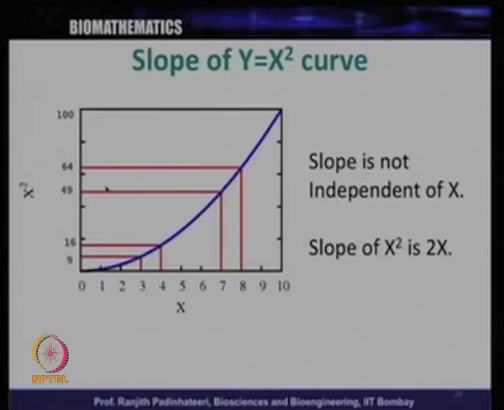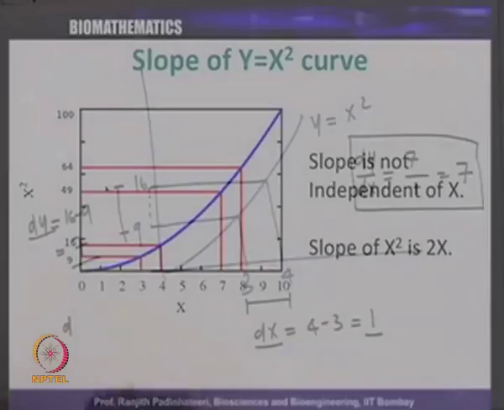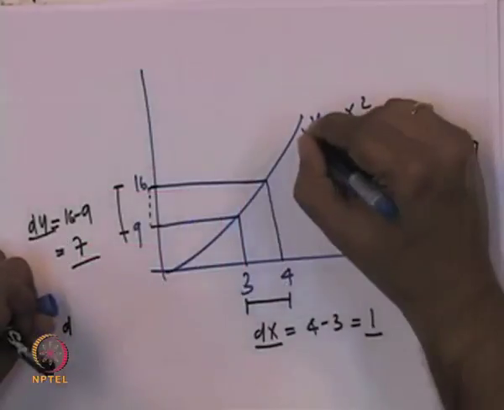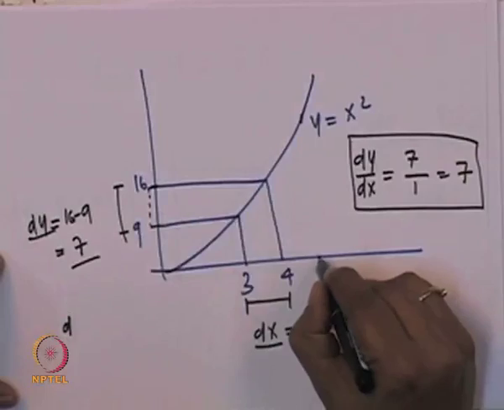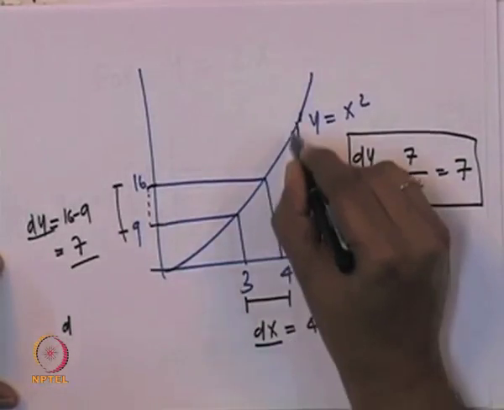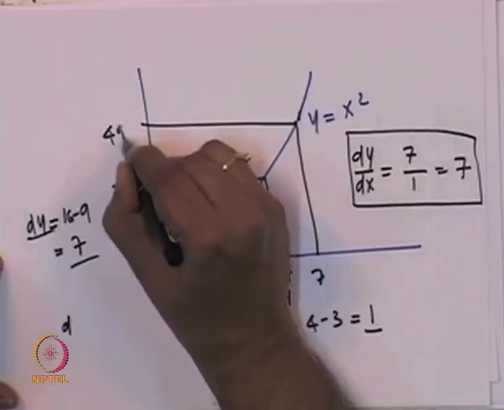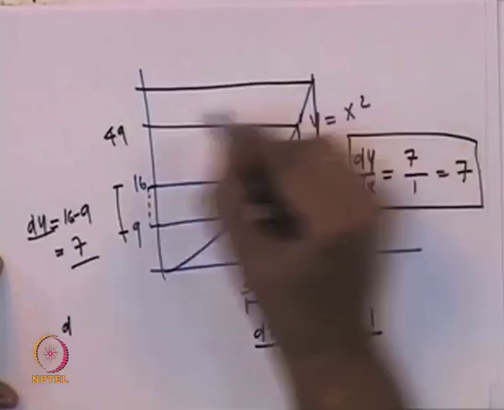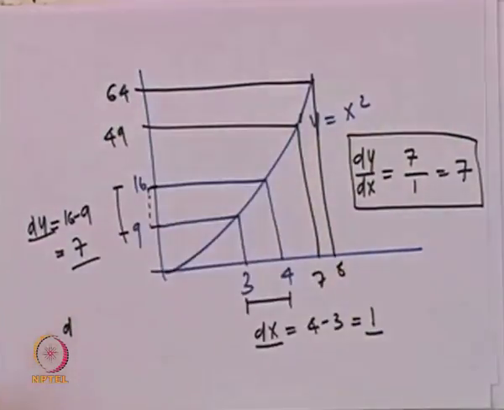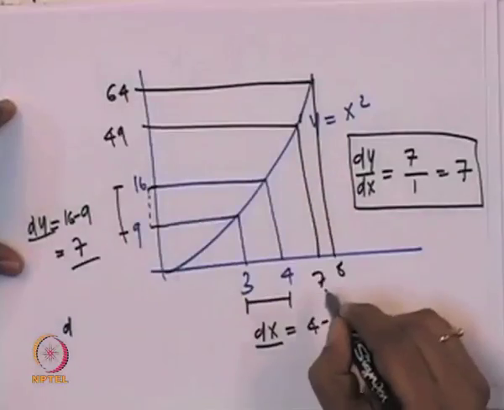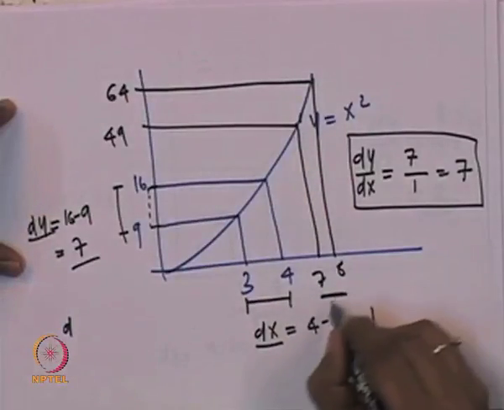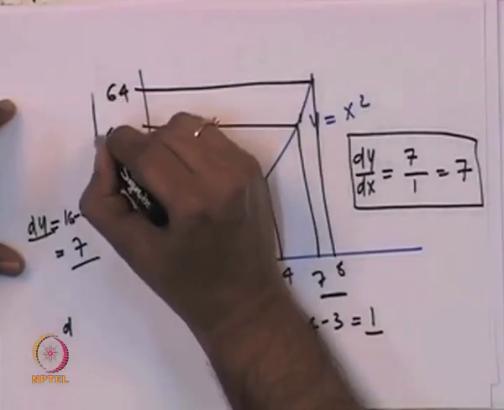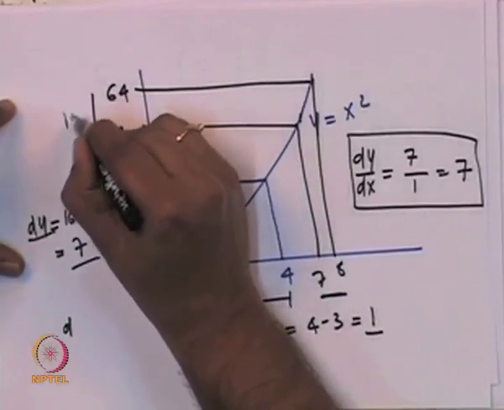Let us have a look here. If we had this curve a little more here, if we start from 7, we reach 49. If we start from 8, we reach 64. So this dx was 1, the dy was 15.